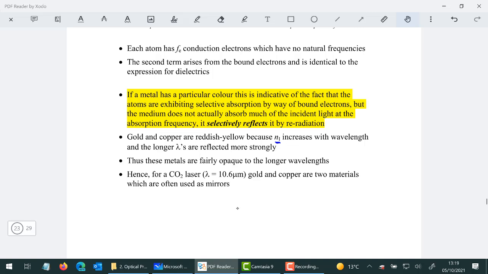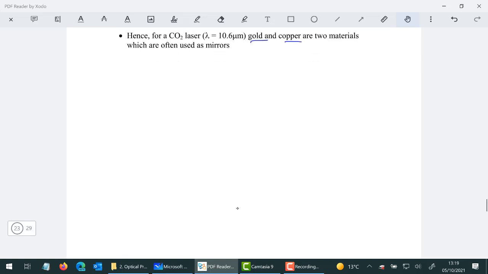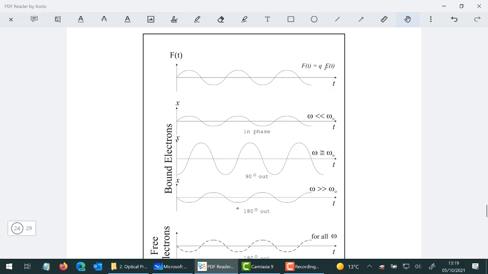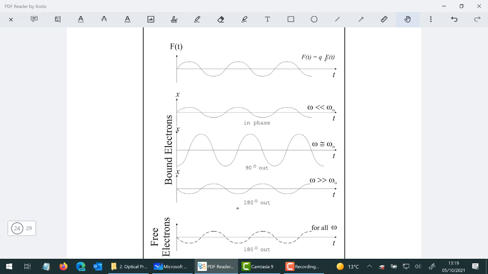For a CO2 laser, gold and usually copper which is coated with gold are two materials often used for making mirrors, because you want them to be highly reflecting.